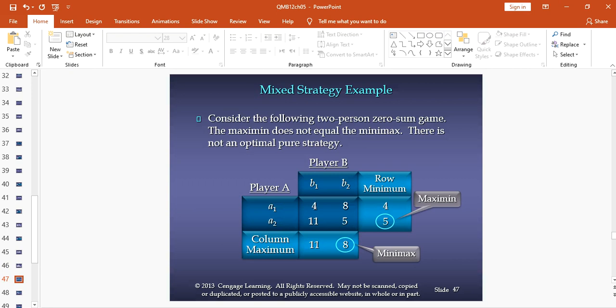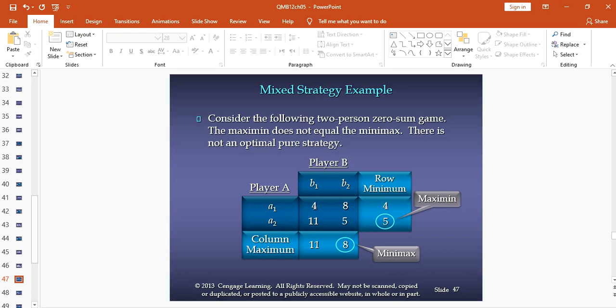Now, we have two players here with a strategy A1, A2, and then B1, B2. The strategy, so the maximum values of the columns are given here, and the minimum values of the column are given here.